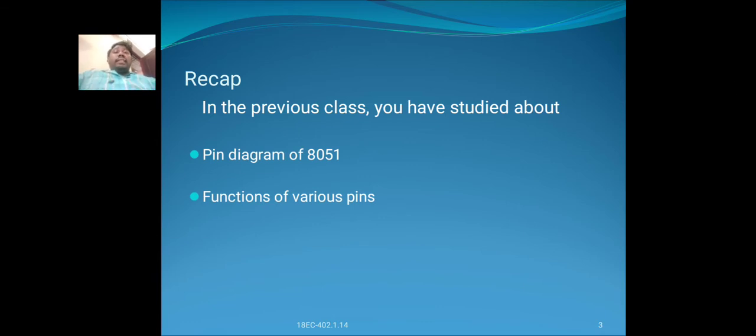Again we will discuss some features of 8051, then we are going to explain the memory organization.